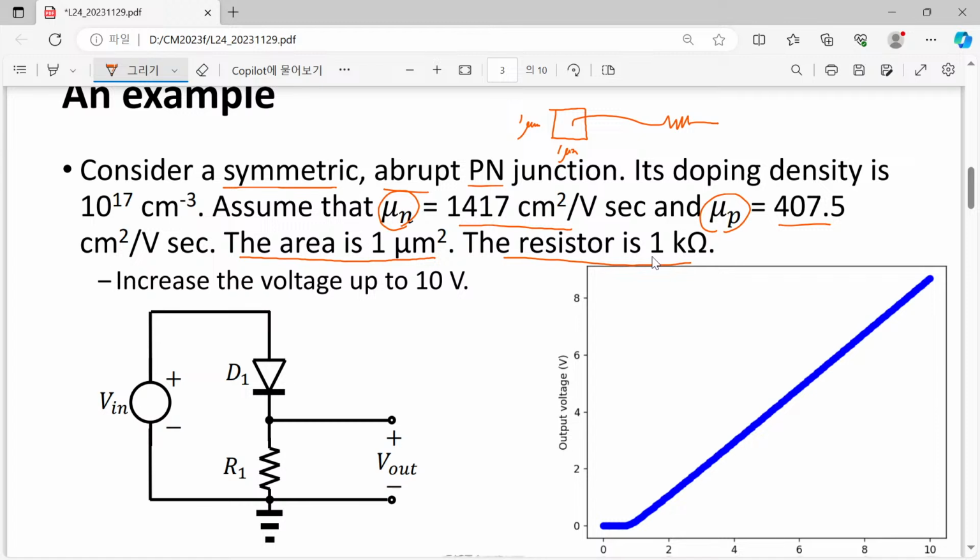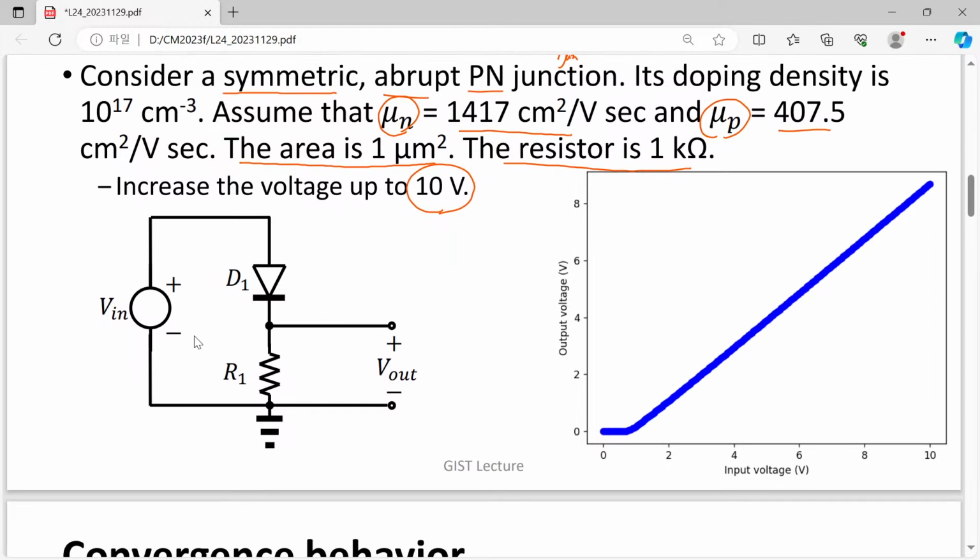So the resistor is just 1 kilo ohm. Now I want to increase the voltage up to 10 volts. We have already discussed this one in our previous lecture, but let me repeat again. If we increase our input voltage up to 10 volts, then D1 and R1 should divide the total 10 volts, D1 takes some part and the other is assigned to R1.